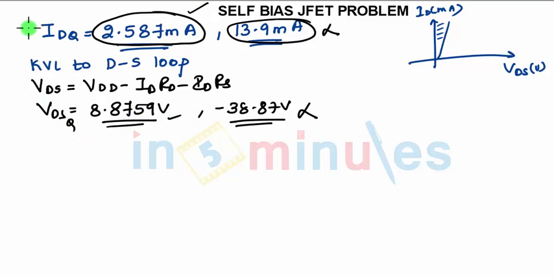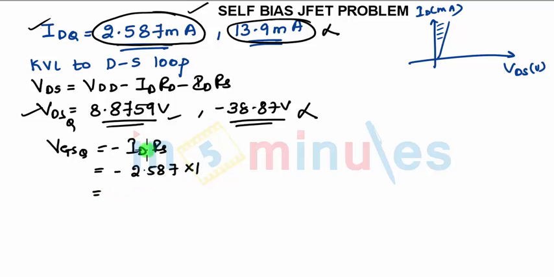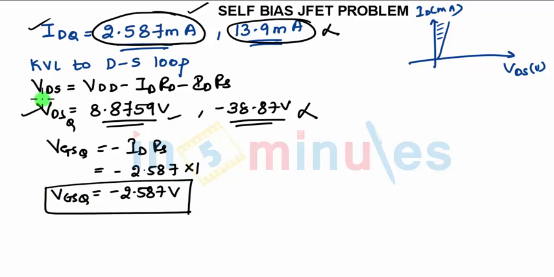So IDQ and VDSQ we have found. Now we can find VGSQ. Minus ID into RS is the value of VGSQ. IDQ is 2.587 and RS is 1, so you will get minus 2.587 volts. This is your VGSQ. So we got VGSQ, VDSQ and IDQ.